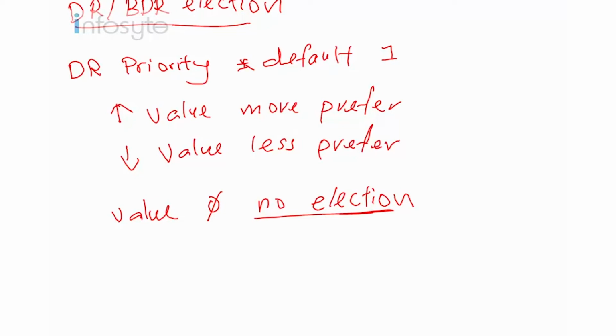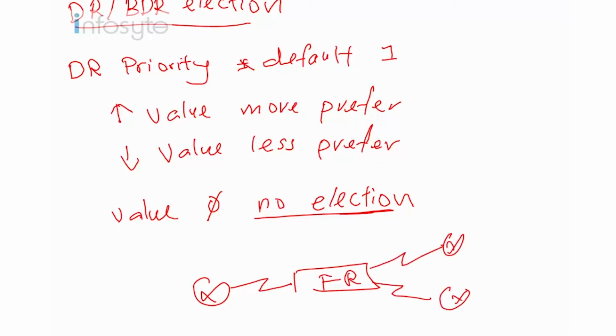So in what situation do we need to set the DR priority equal to 0? Let's say we have this topology, connected to the frame relay and using a hub and spoke.